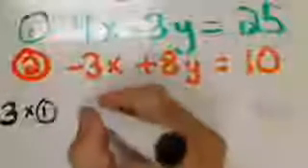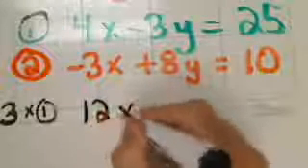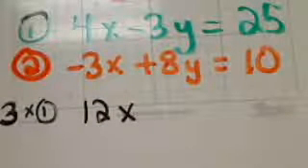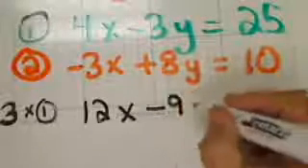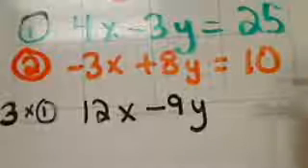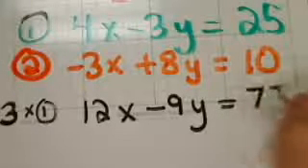So if I did 3 times equation 1, I would have 12x. But remember, I have to do the 4x by 3, then minus 3y by 3, so that would be minus 9y, and the 25 by 3. That's going to be 75.